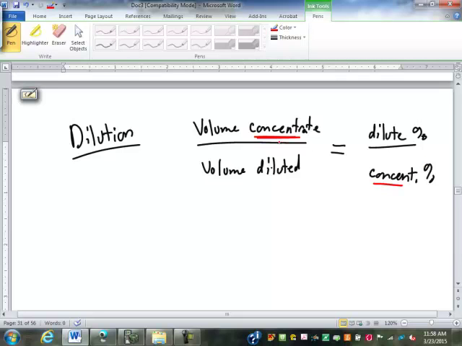If we solve this, do some algebra, we multiply both sides by the concentration percent and both sides by the diluted volume, what we end up with is the concentrated volume times the concentrated percent, we use C for concentration, is going to equal the diluted volume times the diluted concentration, or diluted percent.